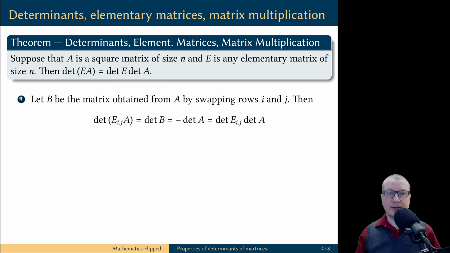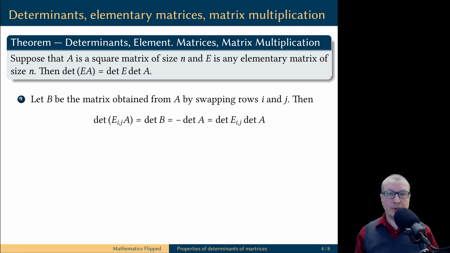First, suppose that we deal with an elementary matrix which was obtained by swapping rows i and j of the identity matrix. Let's also construct a matrix B by performing this same row operation on the matrix A. In the previous video, we discovered that this matrix B can also be obtained by multiplying matrix A on the left by this elementary matrix.